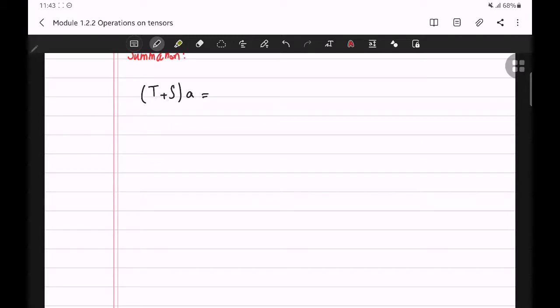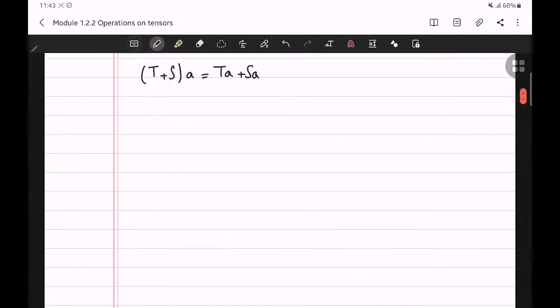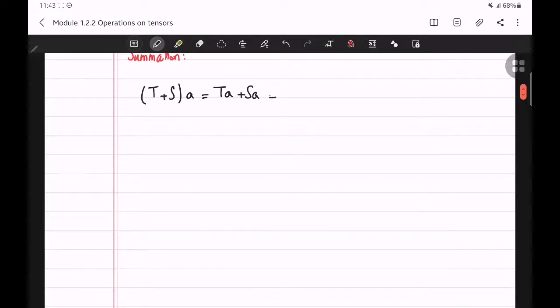If you have the summation of two tensors, T plus S, times a, which is a vector, then I can distribute this over T and S, so it is Ta plus Sa. And suppose this is equal to Wa, where W is basically the sum of T and S.